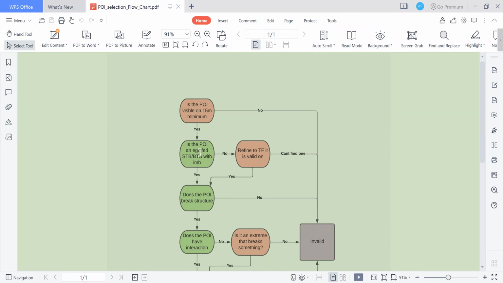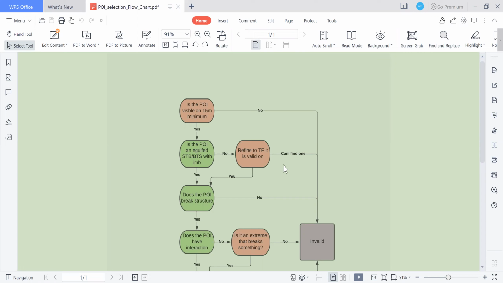All right, if this is no, then you have to refine to a valid time frame. For example, if you are looking at the POI from a 4 hours time frame, and you are not seeing any engulfed STB or BTS, then you can refine to another time frame.